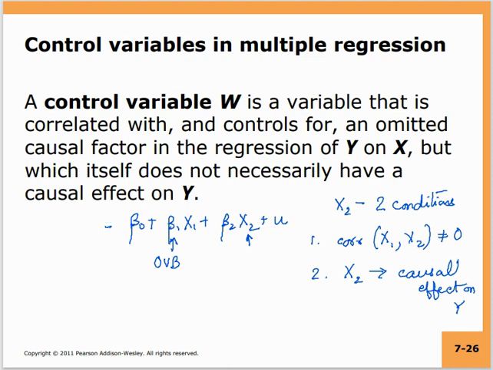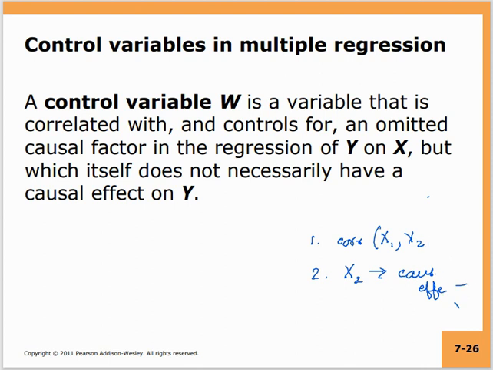And why we want to include x2 in the model is because of the whole idea of trying to mimic an ideal randomized controlled experiment. If you remember, in order to establish causality, we were trying to build a regression model which mimics the ideal randomized controlled experiment.